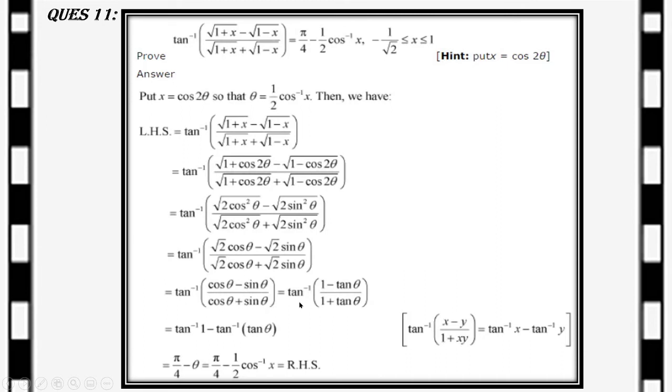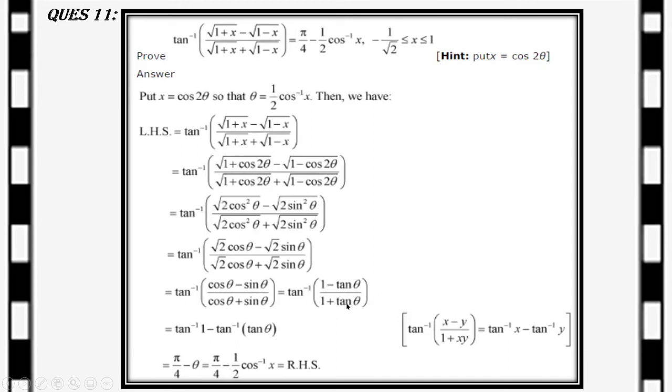And this is tan inverse of (1 minus tan theta) upon (1 plus tan theta). We can consider it as tan inverse 1 minus tan inverse tan theta. Why? Because tan inverse of (x minus y) upon (1 plus xy) is tan inverse x minus tan inverse y, let's consider x as 1 and y as tan theta.